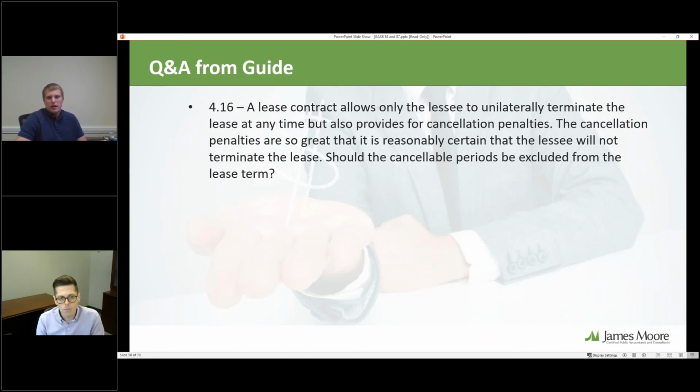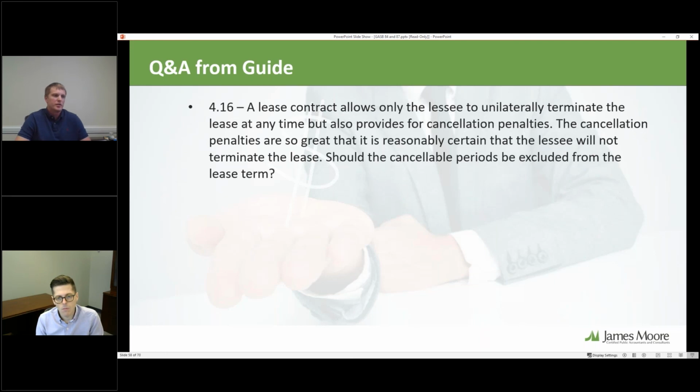A lease contract allows only the lessee to unilaterally terminate the lease at any time, but also provides for cancellation penalties. The cancellation penalties are so great that it's reasonably certain that the lessee will not terminate the lease. Should the cancelable periods be excluded from the lease term?